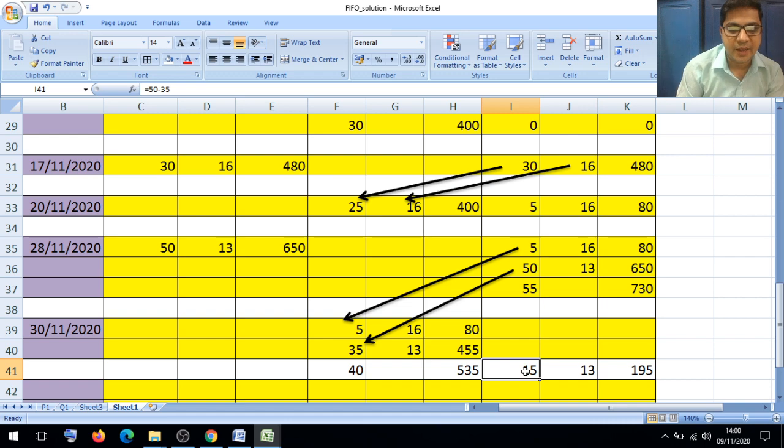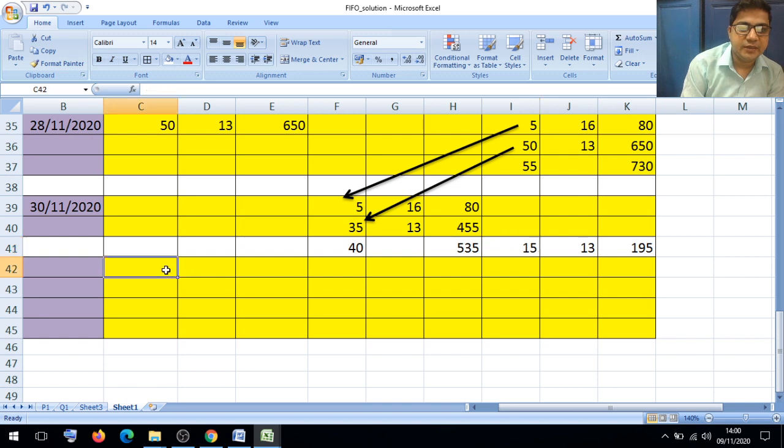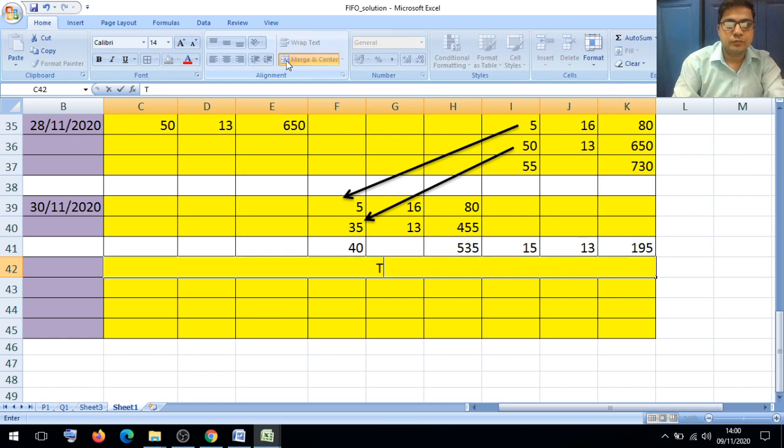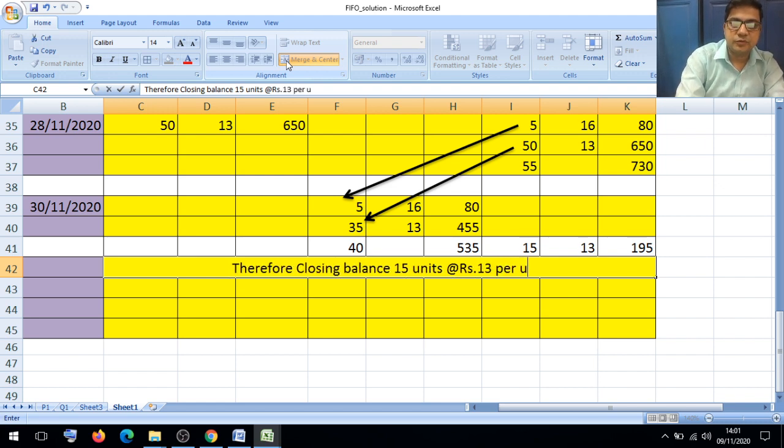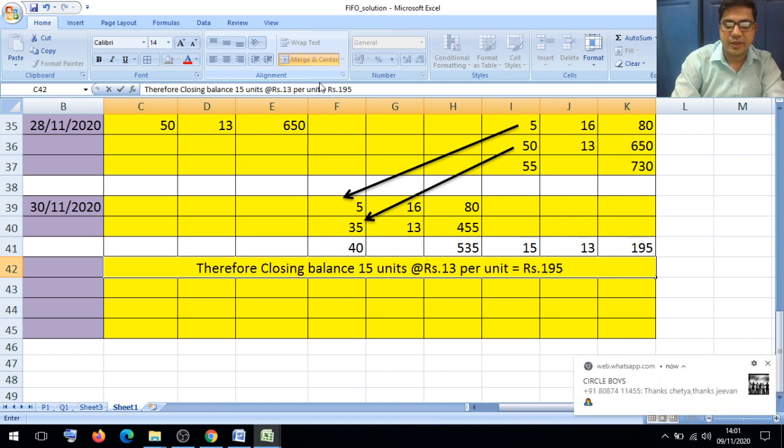So see friends, we calculated the closing balance. So we can write here, therefore closing balance of balance 15 units at the rate rupees 13 per unit is equal to rupees 195.